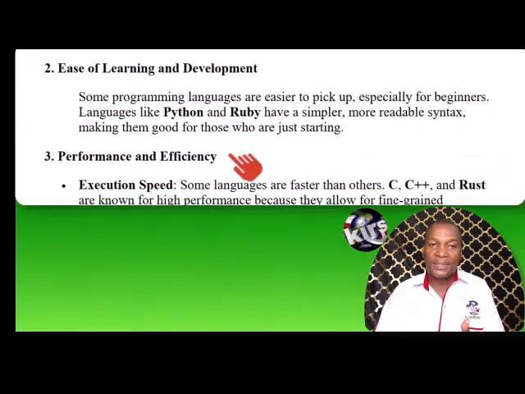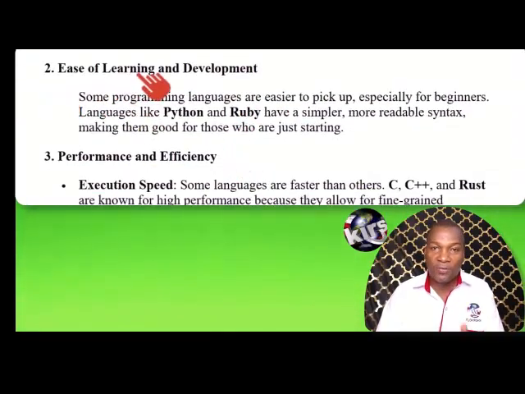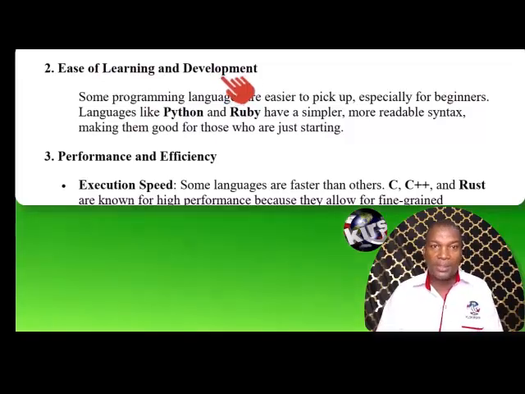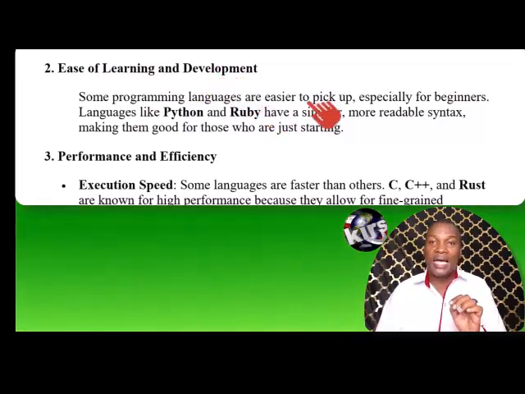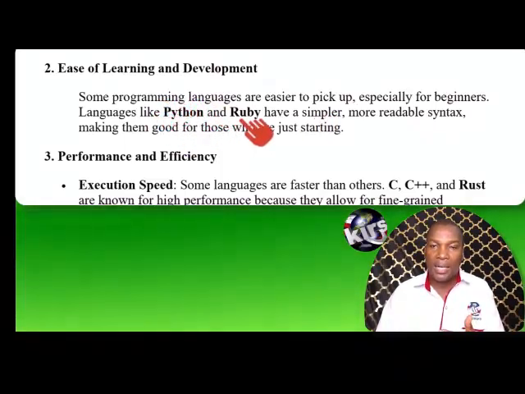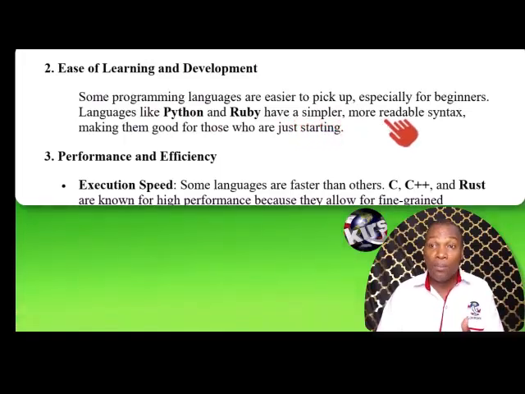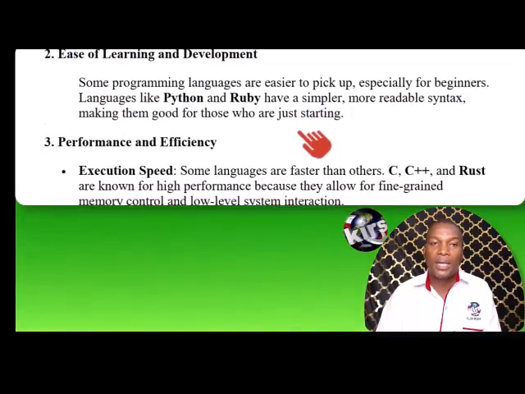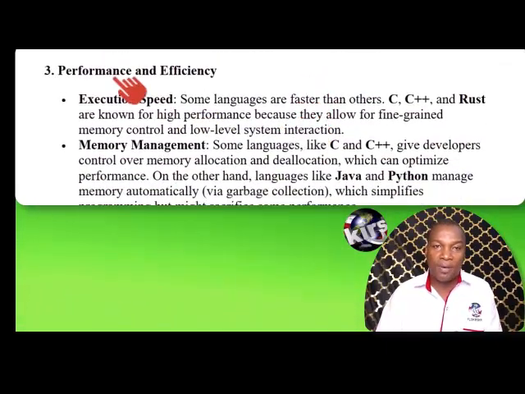The second factor to consider is the ease of learning and development. Some programming languages are easier to pick up, especially for beginners. Languages like Python and Ruby have a simpler, more readable syntax, making them good for those who are just starting. Then factor number three is performance and efficiency. Execution speed is one of them.